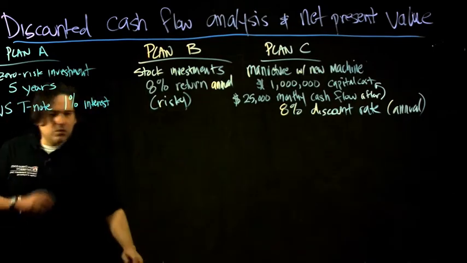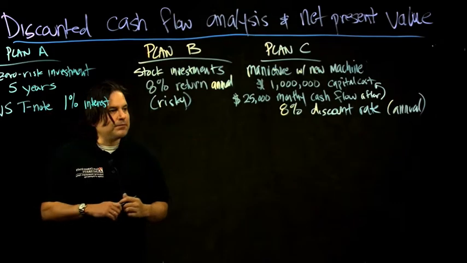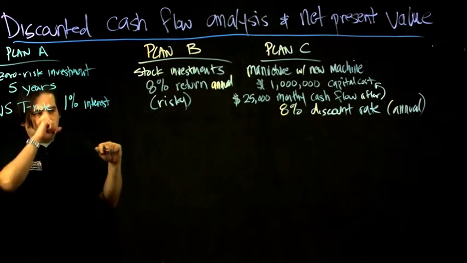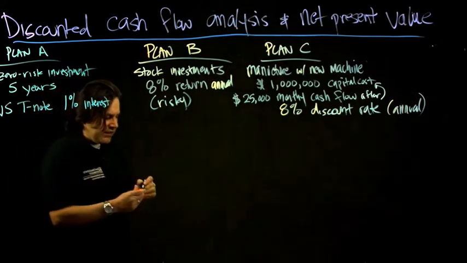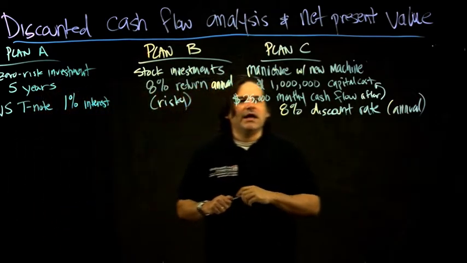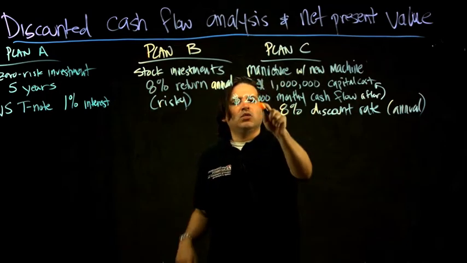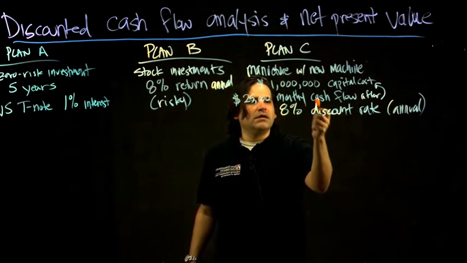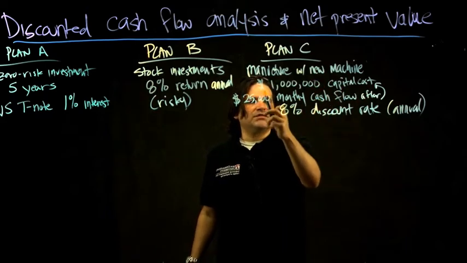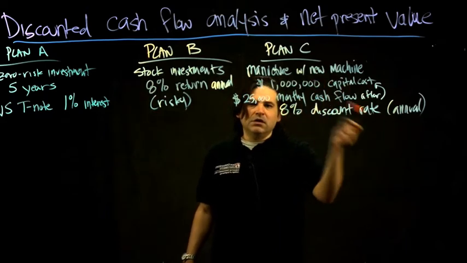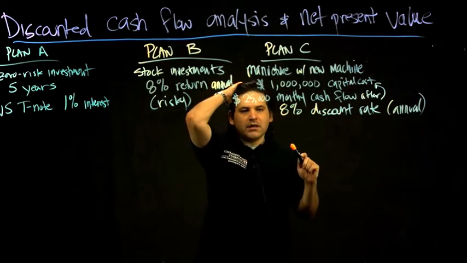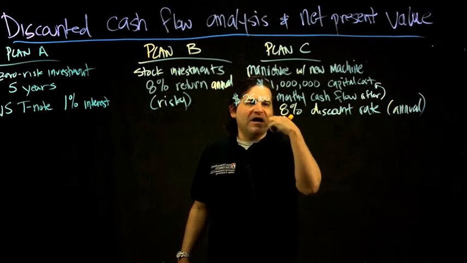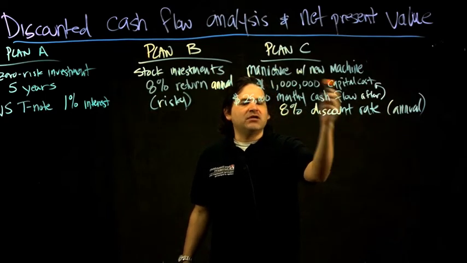Okay, so we have this equation. But one first thing that we should remember is that if we are given a $25,000 monthly cash flow, that's a monthly cash flow, but the discount rate is annual. So you'll get a different number if you mix up annual versus monthly.